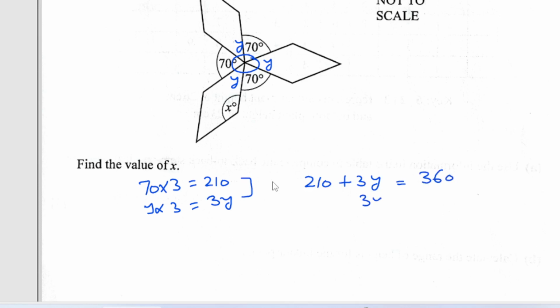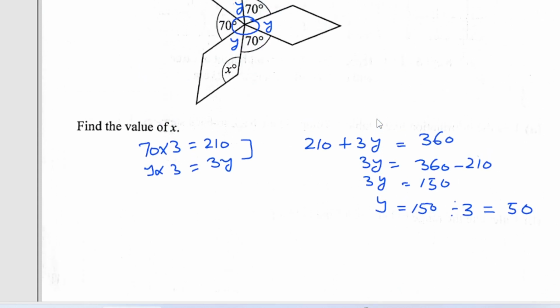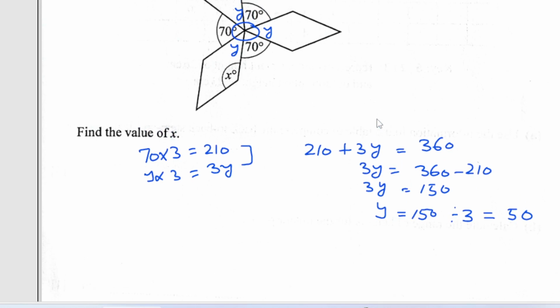So 3y is going to be 360 minus 210, which is 150. Then y is going to be 150 divided by 3, which is 50. The value of y is 50.